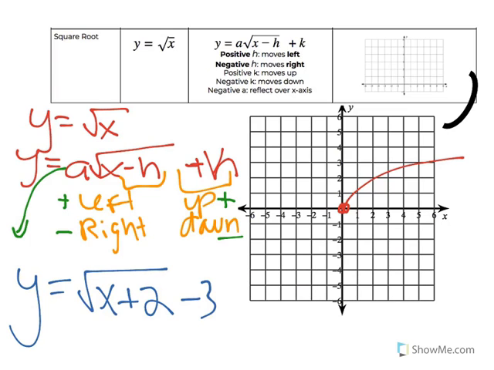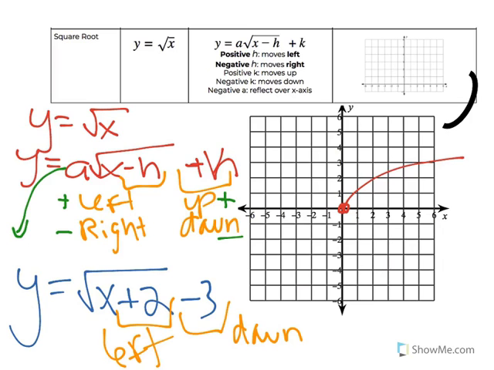So y equals the square root of x plus 2, and then minus 3. The minus 3 is going to move it down. And then the plus 2 is going to move to the right. So starting at the origin, that's where that point was, we're going to go down 3, and then to the, I'm sorry, this is not going to move you to the right. It's the opposite. We're going to go to the left.